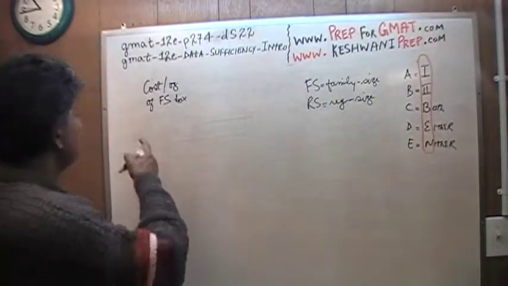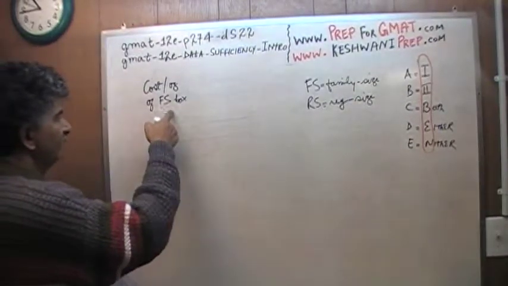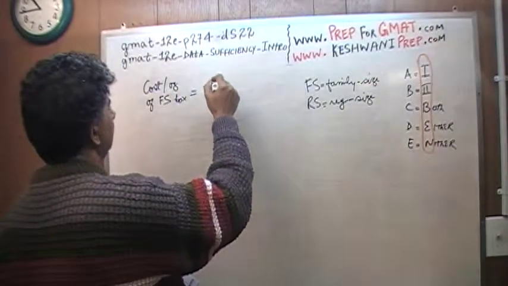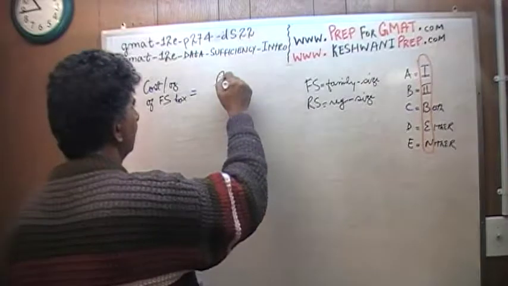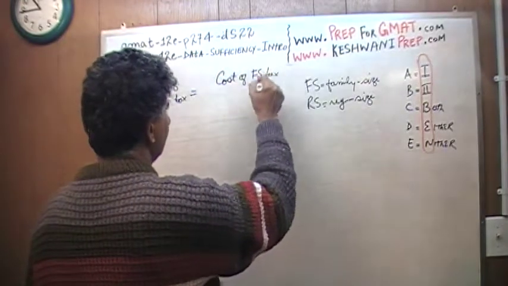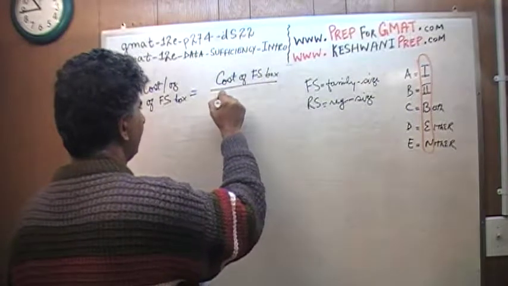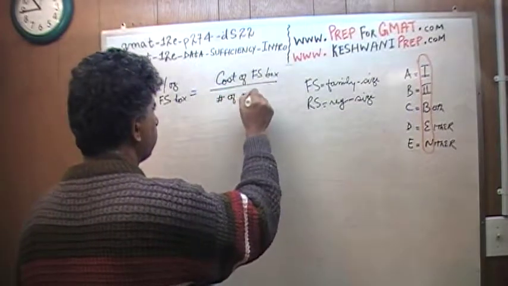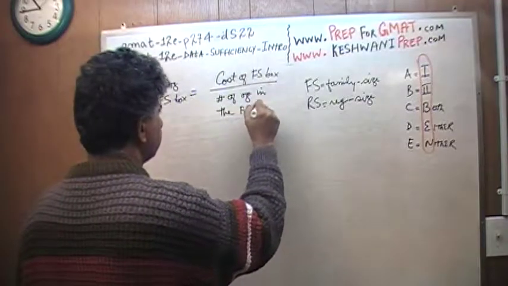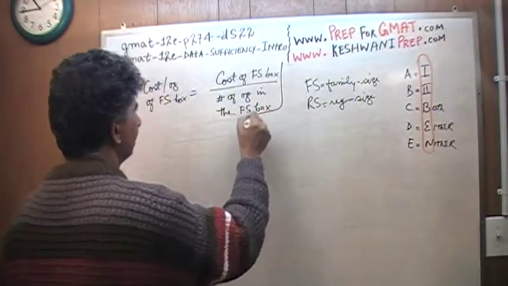In order to figure out this part, the cost per ounce of the family size box, we need to figure out the cost of the family size box, and we need to figure out the number of ounces in the family size.